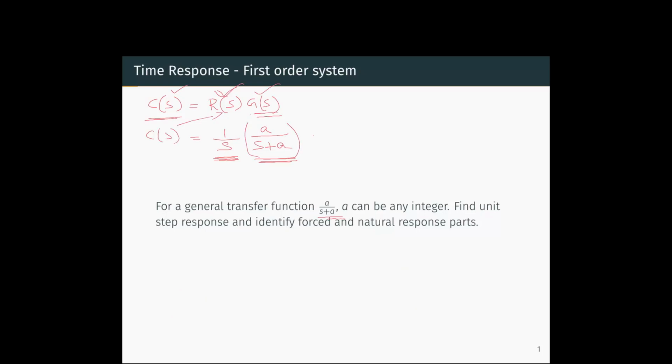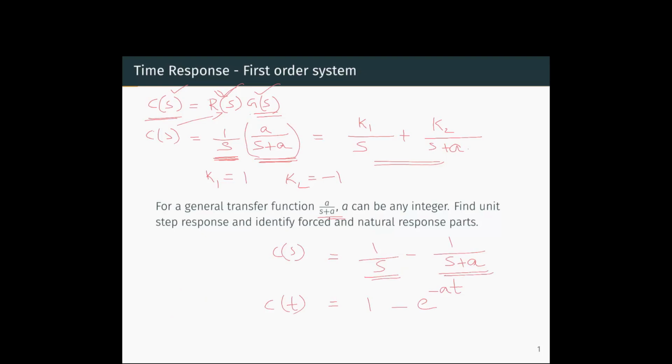Now, this can be decomposed by partial fraction expansion. After calculation, we will get the value of k1 as 1 and the value of k2 as minus 1. Now, we will calculate the inverse Laplace. After partial fraction expansion, we got 1 by s minus 1 by s plus a.